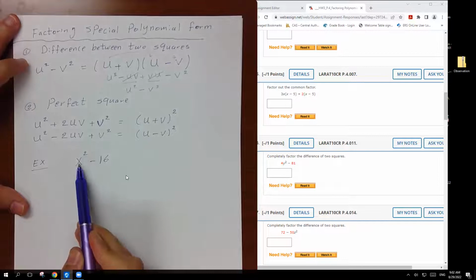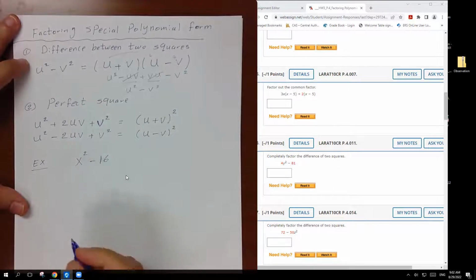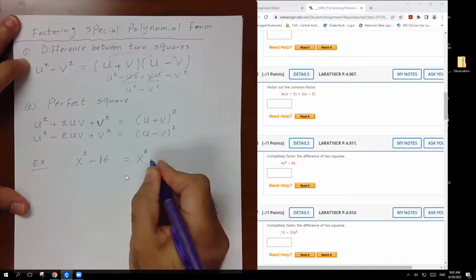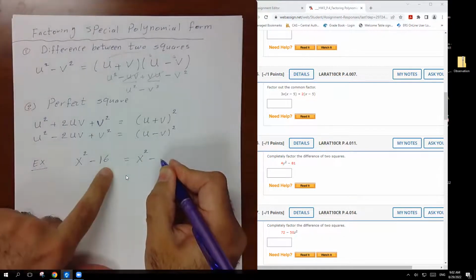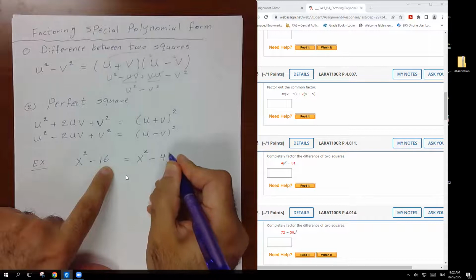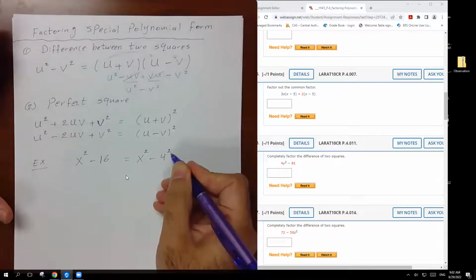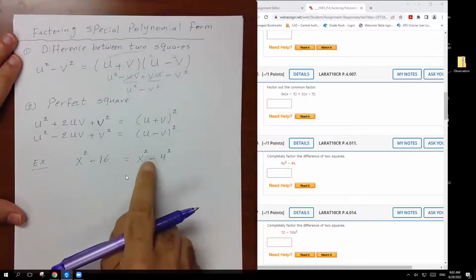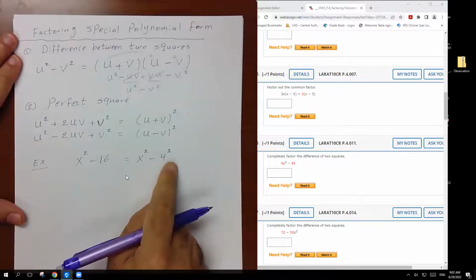First of all, it's a square. Why? Because I can write down the 16 as 4 squared. 4 times 4 is going to be 16. So now we have the difference between two squares.